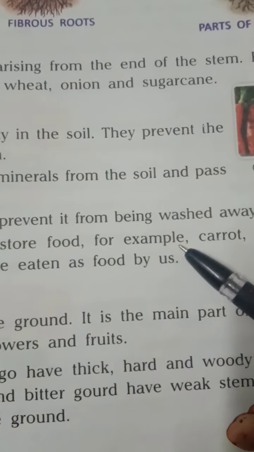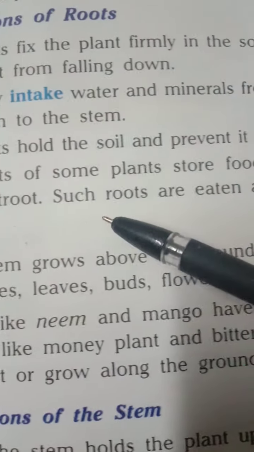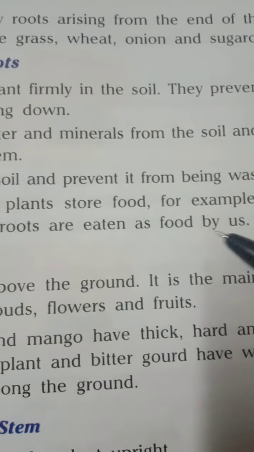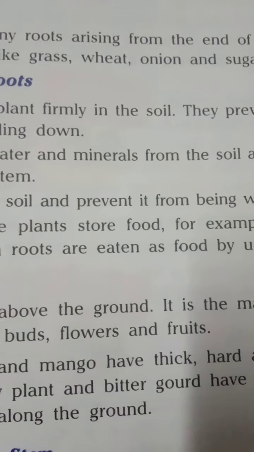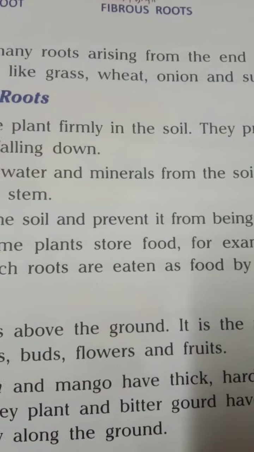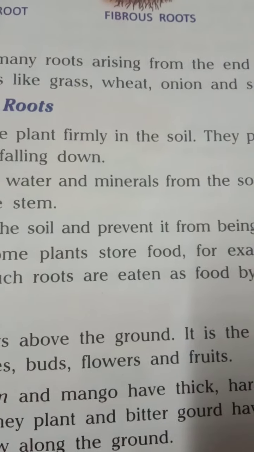Now student, fourth, roots of some plants store food. For example, carrot, radish, turnip and beetroot. Such roots are eaten as food by us. So student, roots of some plants store food in them, and humans consume these roots.